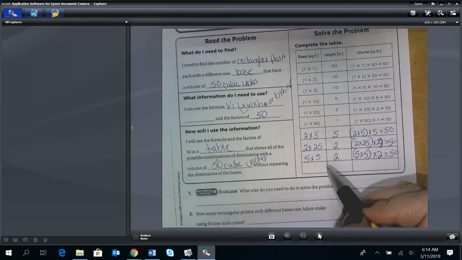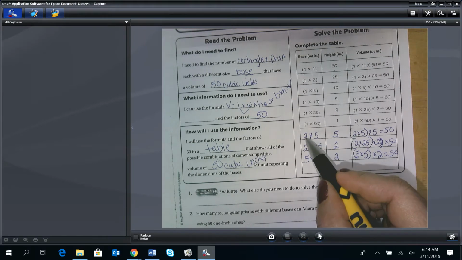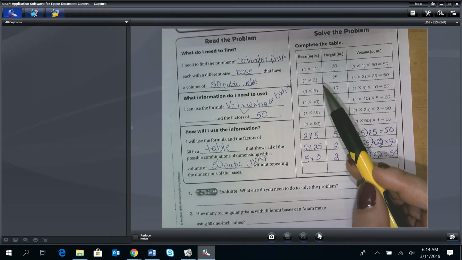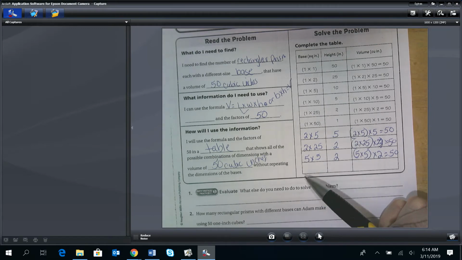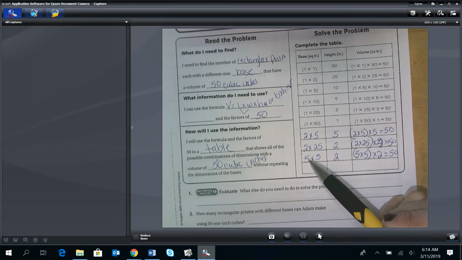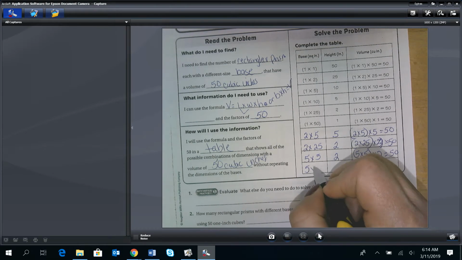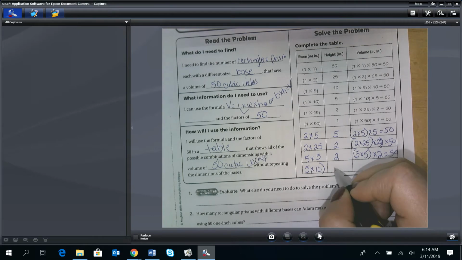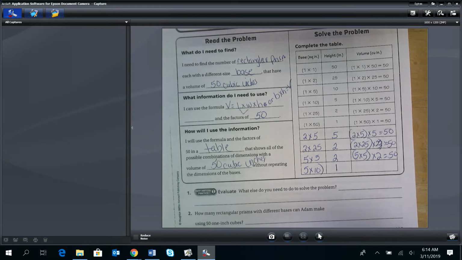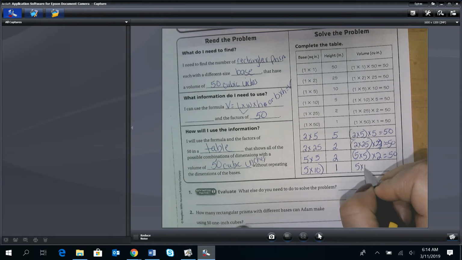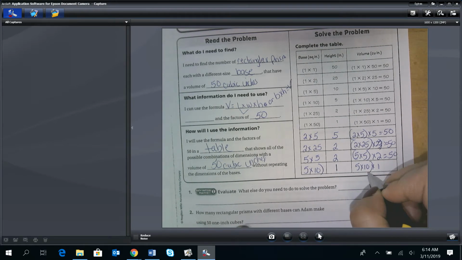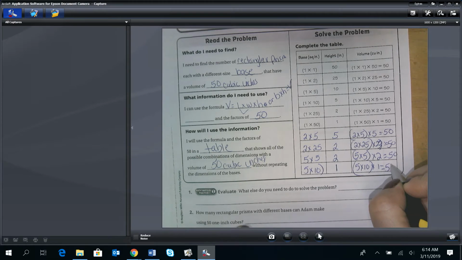And no other 5's, because I have 5 times 2 up here and I have 5 times 1. Can we do 5 times 25? No, that's way too much. So there is one more. 5 times 10, that's 50 times 1 height. So 5 times 10 times 1 equals 50.